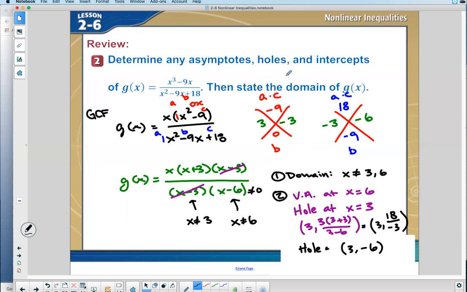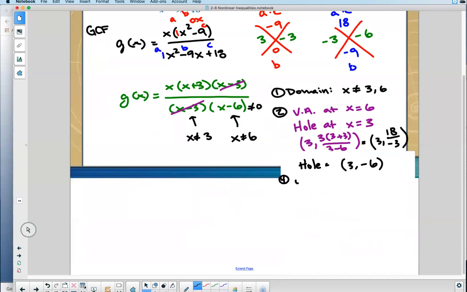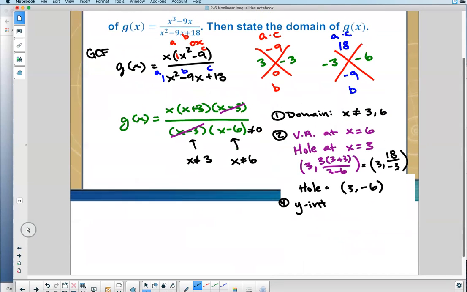And finally, if I wanted to do intercepts, I'm trying to review some of the stuff here. This was number 4 on our list. And the Y-intercept, what you do is you basically cross out anything that has an X. I'll go back to the original problem, it'll be easier.